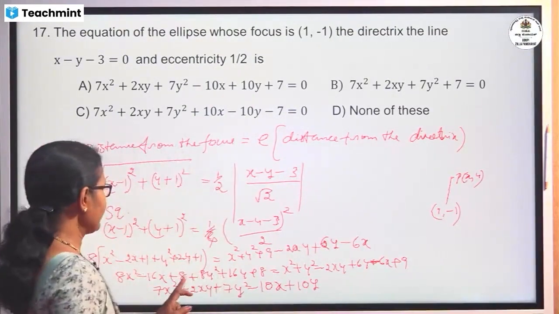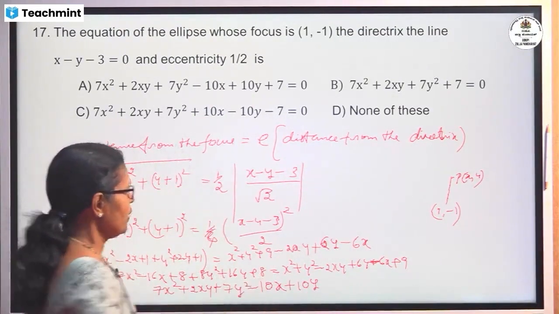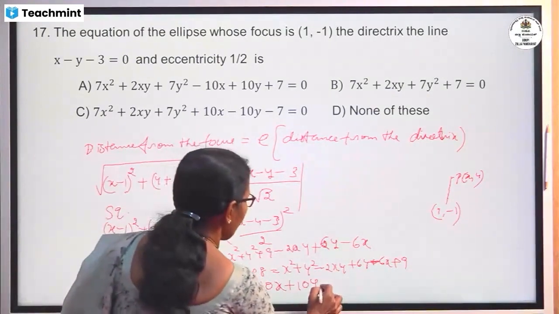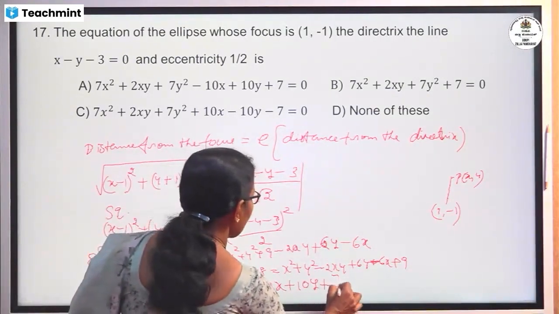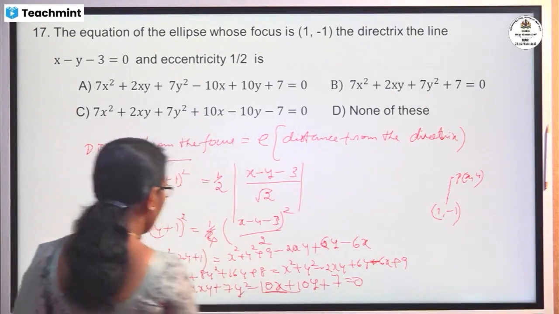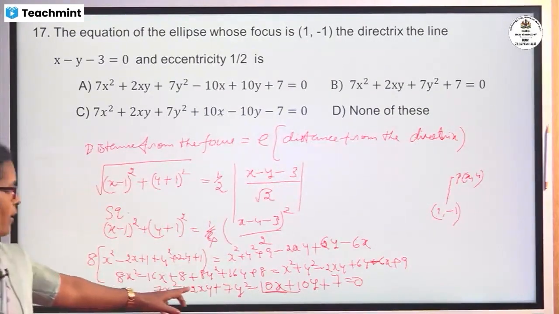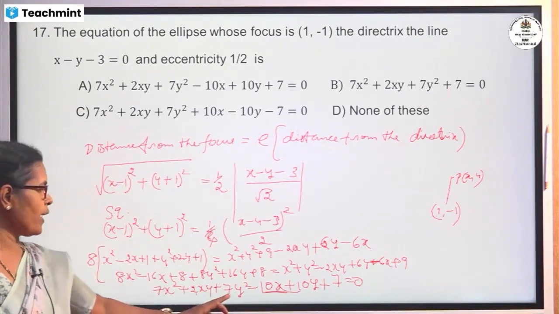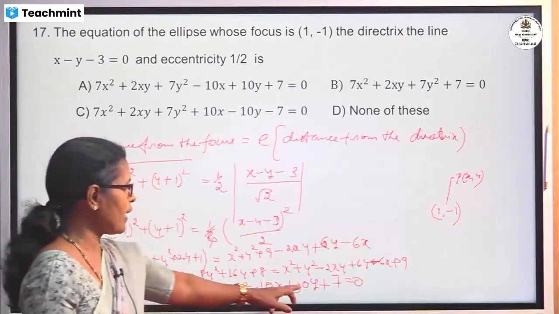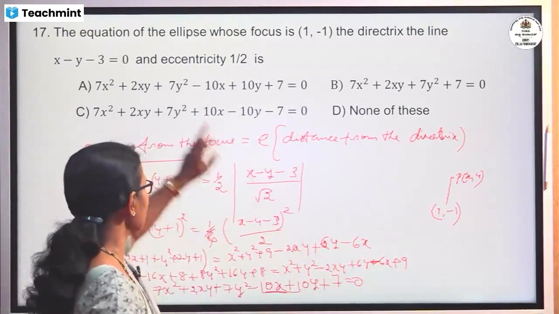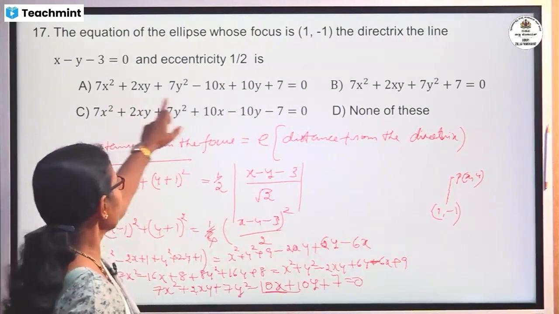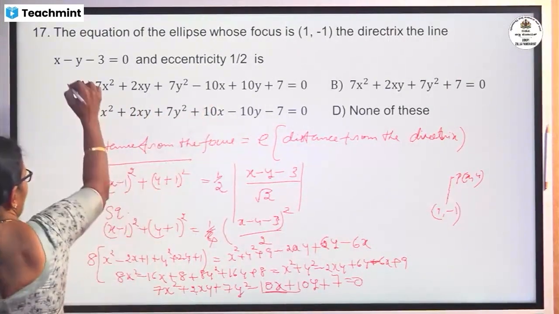Next 8 + 8 is 16, and 16 − 9 means plus 7 equal to 0. So 7x² + 2xy + 7y² − 10x + 10y + 7 = 0 is the correct answer. Therefore option A is the correct one.